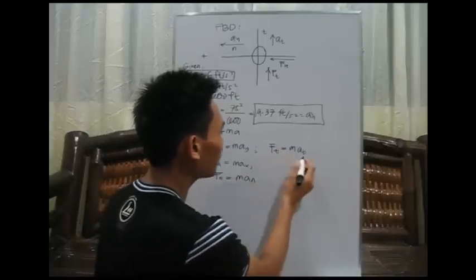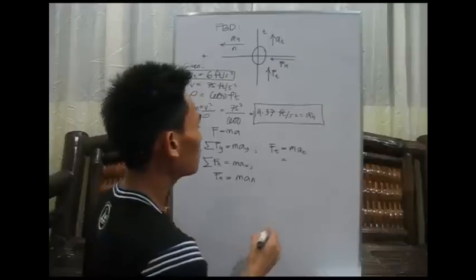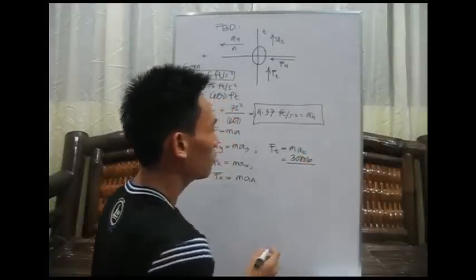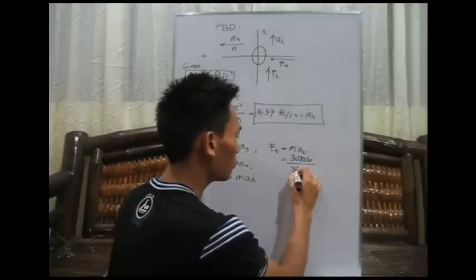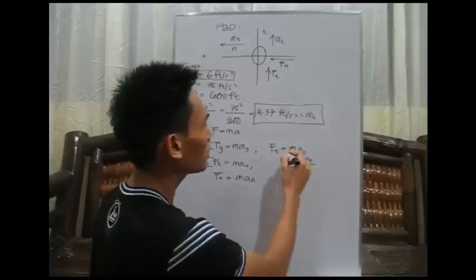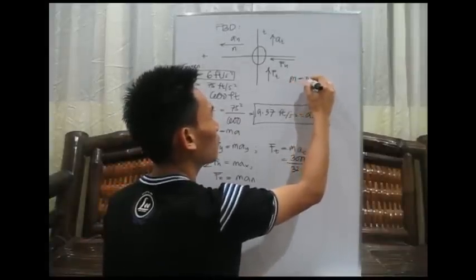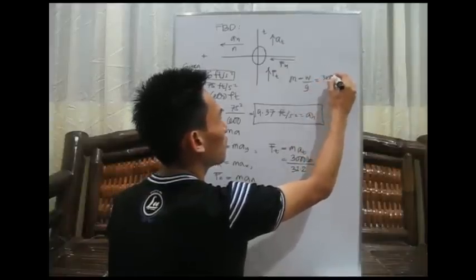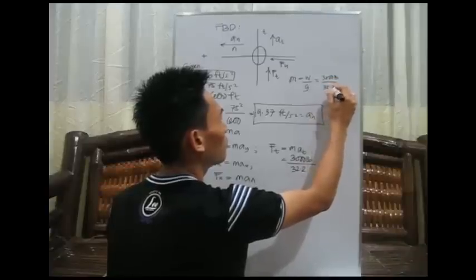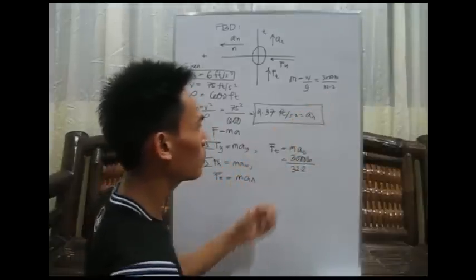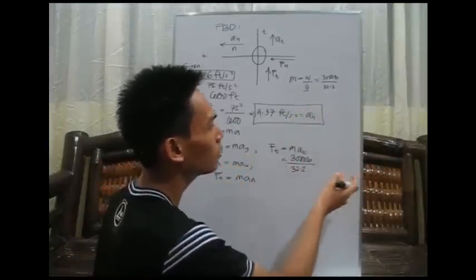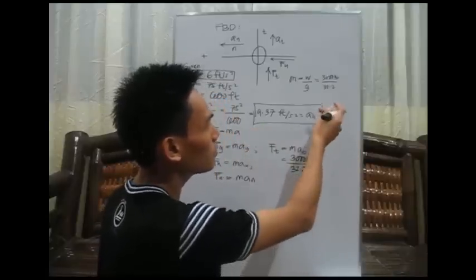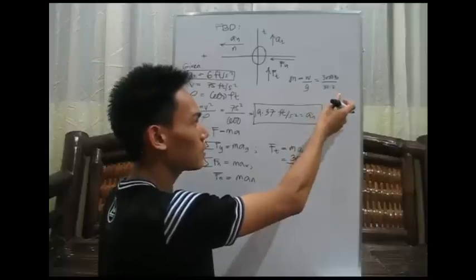To find Ft, we have the mass, which is 3,000 pounds over 32.2. Mass m is equal to weight over gravity, 3,000 lb over 32.2 feet per second squared, which is in the English system. We cannot use 9.81 because it is in SI, so we use the English system.